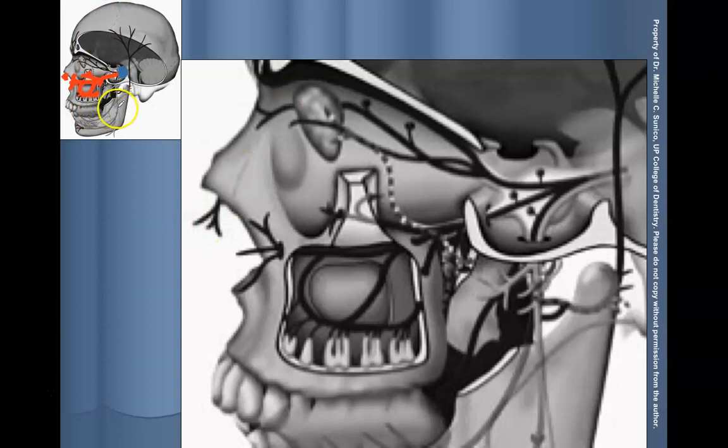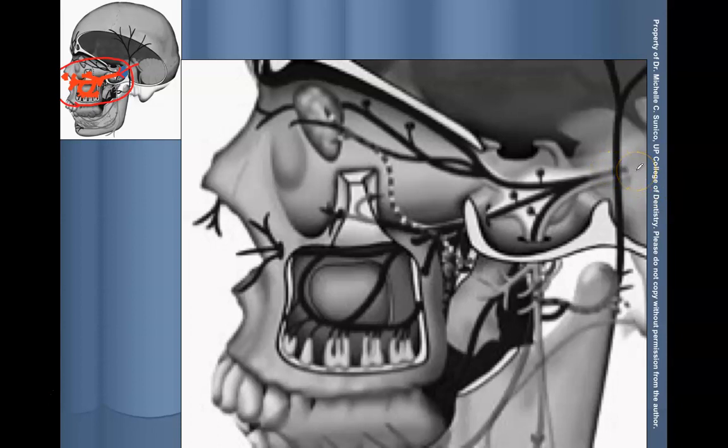So this is the maxillary nerve, and this is the trigeminal ganglion found at the petrous portion of the temporal bone. So let's concentrate in this area here.